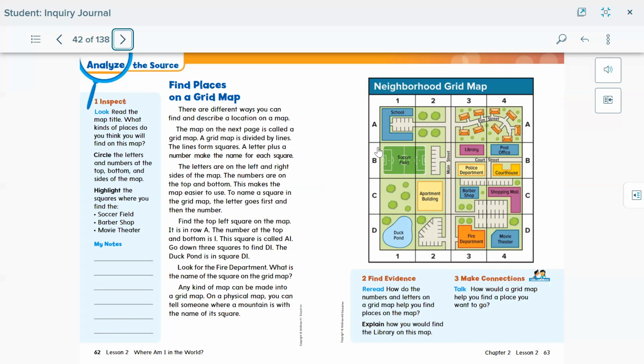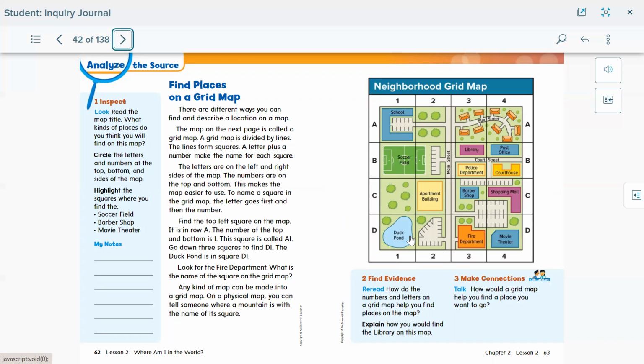It's in row A, and the number at the bottom is 1. So this square is called A1. Go down 3 squares to find D, and then D1. That's the duck pond in the square D1.